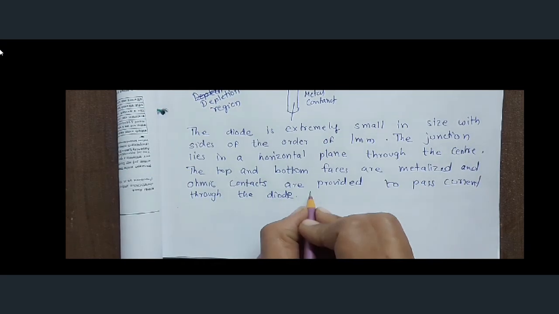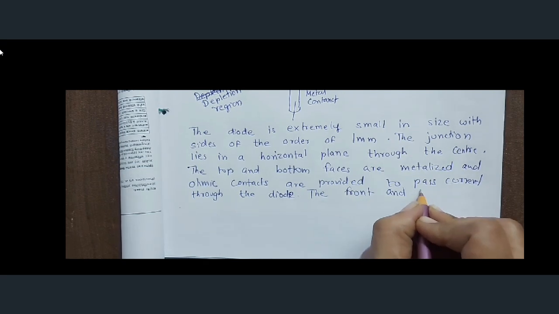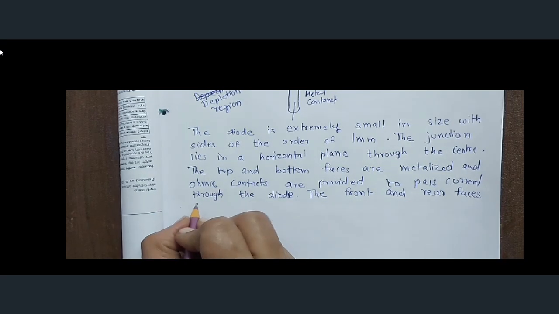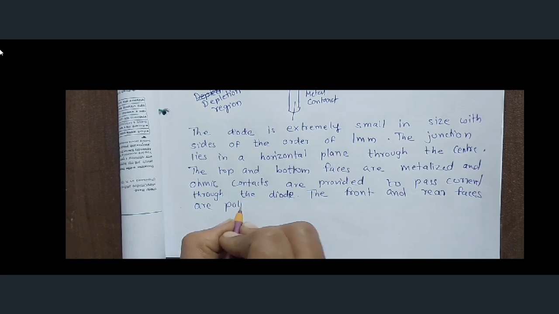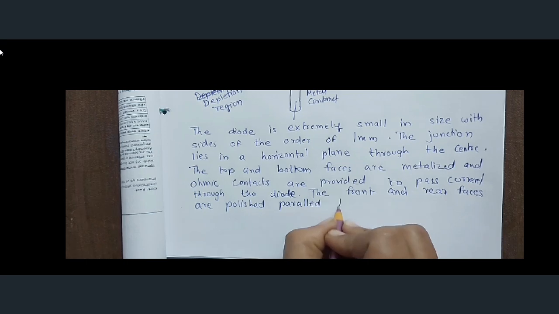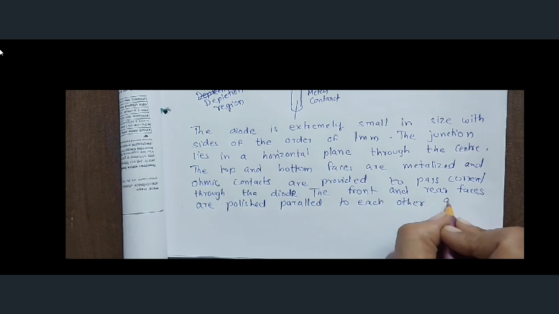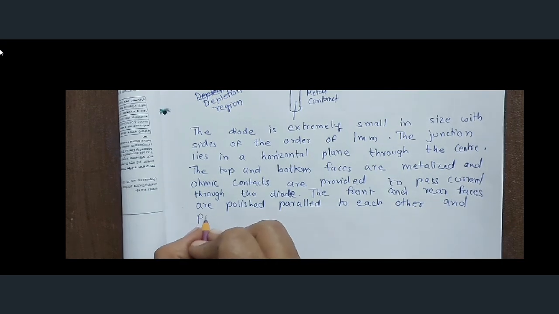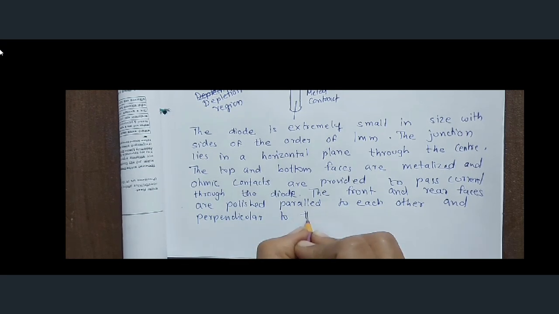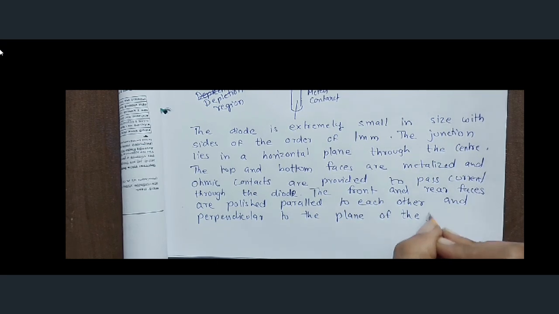The front and rear faces are polished parallel to each other and perpendicular to the plane of the junction.